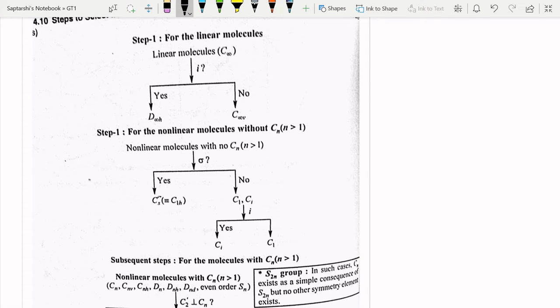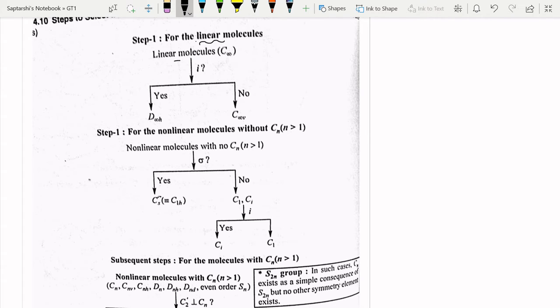Now, the main application of this knowledge is in finding out point groups. This is the Schoenflies notation for finding point groups. First, we check whether the molecule is linear or not.